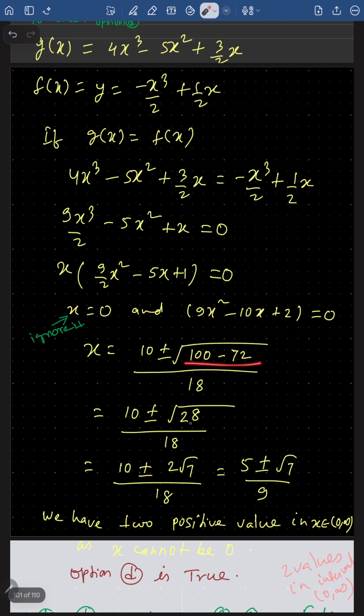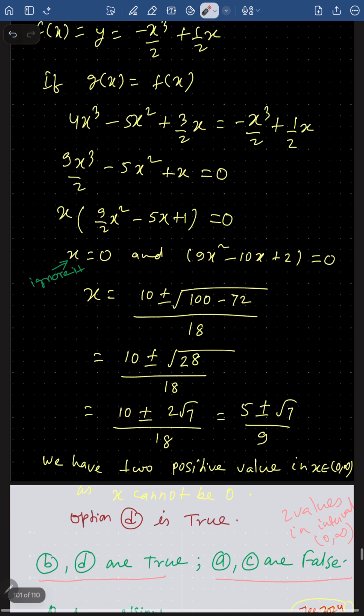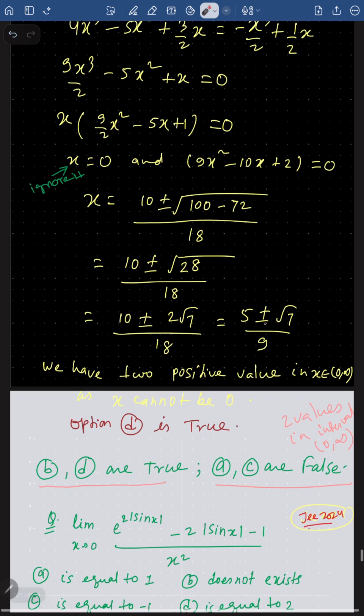So this will give you 28, and 28 is nothing but 4 into 7. So when you take out the 4, you will get 2 root 7. If you cancel out 2 from both the terms, we get 5 plus minus root 7 upon 9.